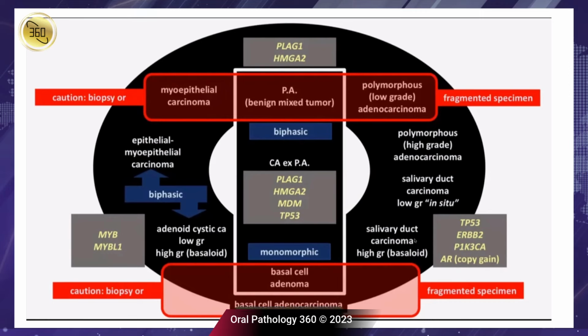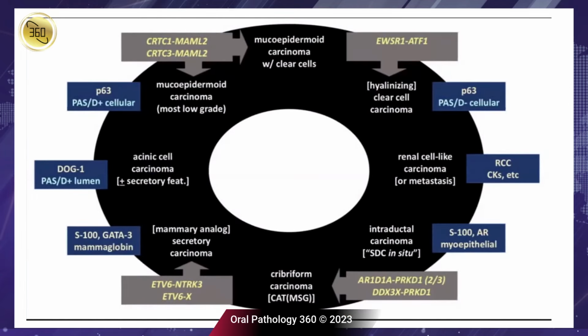And then we know that some of the higher grade carcinomas will pick up those and other mutations, TP53, androgen receptor copy gains. So what I tried to do here is encapsulate all these low grade carcinomas and put all the genetics there, because if you go around the wheel, these lesions can overlap in their appearance. The same is true for a lot of the potentially higher grade tumors.